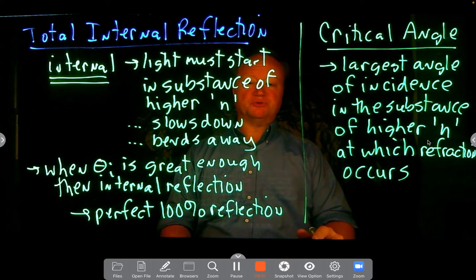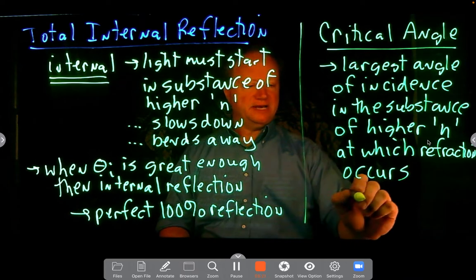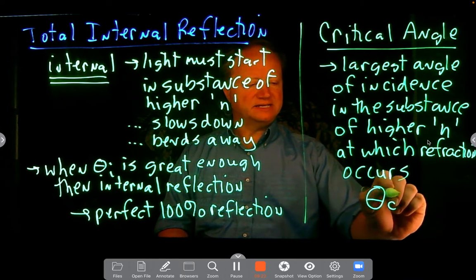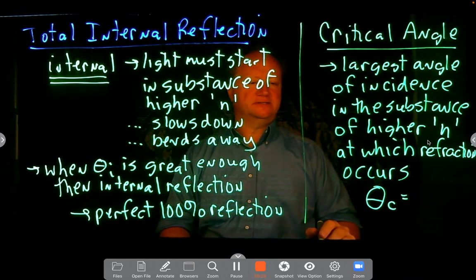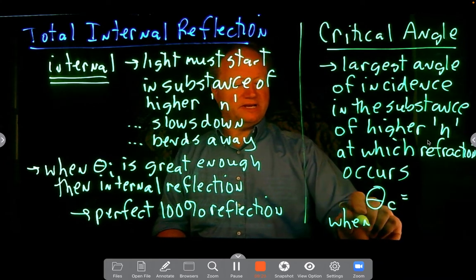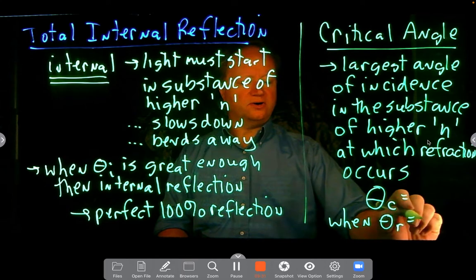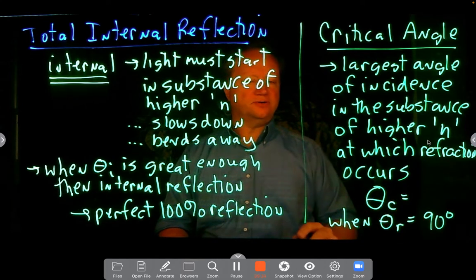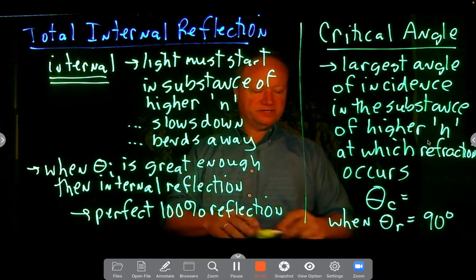So it's the cutoff between refraction and total internal reflection, and we will represent that as theta c. It occurs when theta r, your angle of refraction, is 90 degrees.